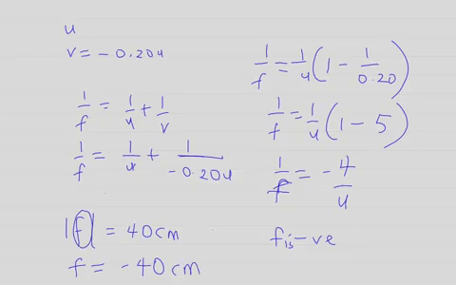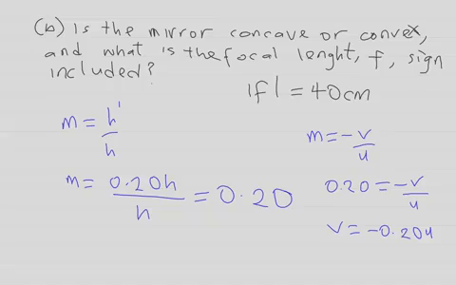It is only when it is minus 40 that this will hold. So that answers the question. Is the mirror concave or convex? The mirror is convex. What is the focal length f, sign included? The focal length sign is negative, and that answers that question.